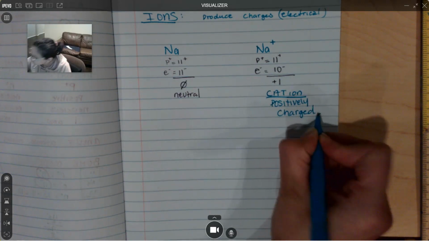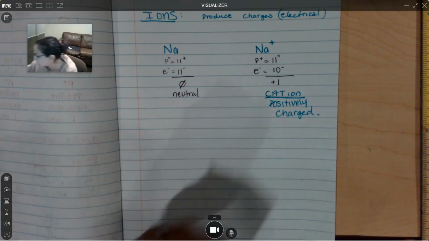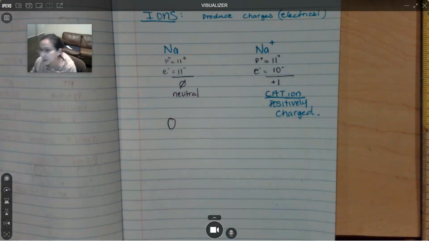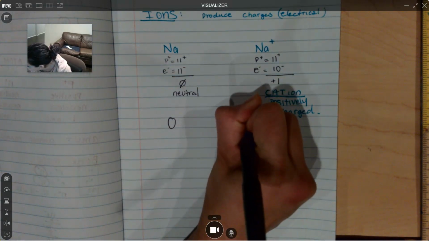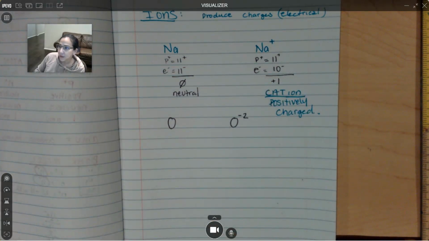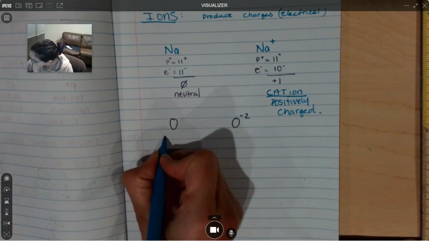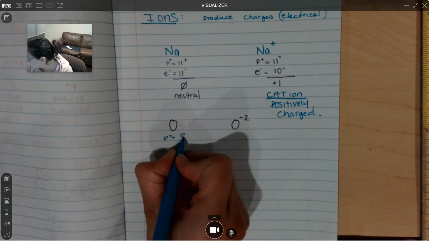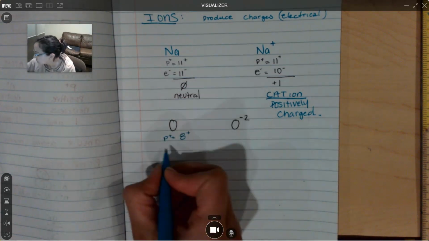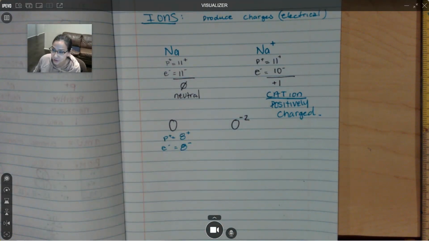Now, we're going to have compounds that can be negatively charged. So let's use oxygen as our example. I could have oxygen like that, or you could see oxygen like this. Oxygen, the number of protons is 8. So if it's neutral, it's going to have 8 electrons.